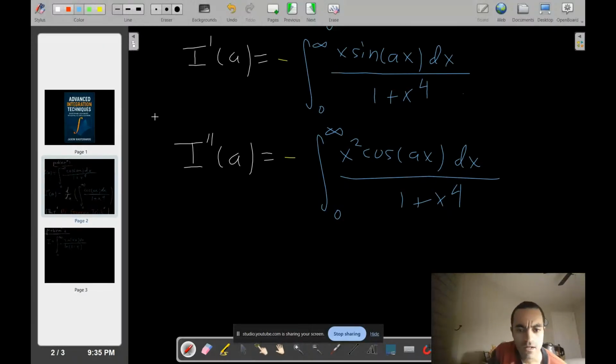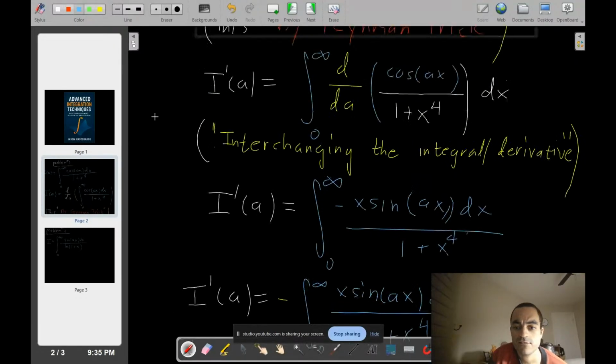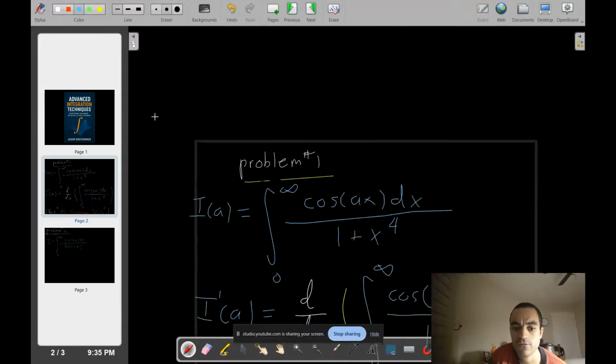All right, so we're looking at I double prime of a. This integral right here looks nasty. As I said, for those of you coming in, I have an integral as a function of a, with a parameter a there. Automatically, it's in the form of a Feynman trick integral, right over here.